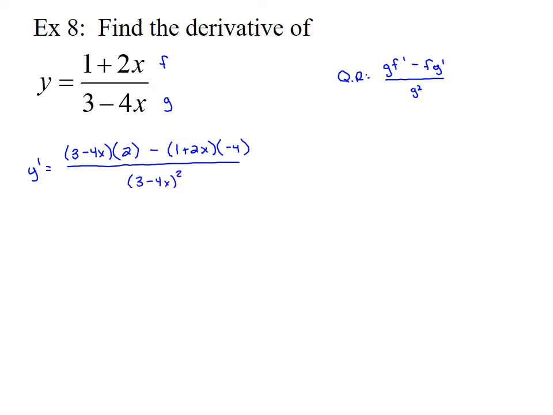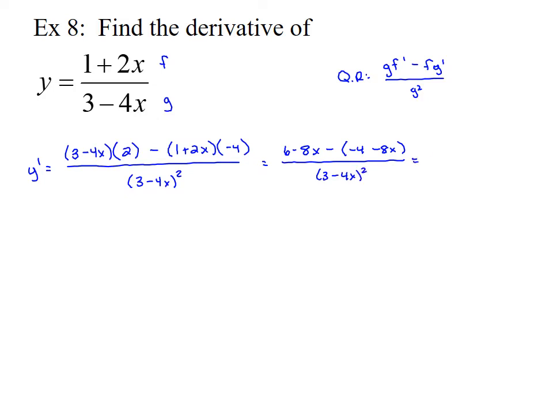And the good thing about these quotient rules is the one thing I'm looking for you to do is to simplify the numerator, so go ahead and do that. That should end up being 6 minus 8x minus a negative 4 minus 8x all over 3 minus 4x all squared.